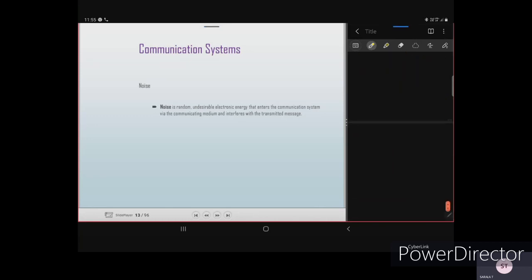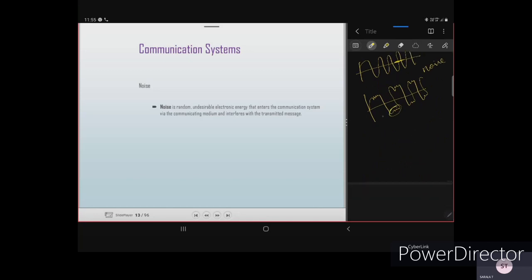Next we have noise. Noise is random, undesirable electronic energy that enters the communication system via the communicating media and interferes with the transmitted signal. As I showed you with the analog signal, if any error or noise is introduced, you will have jitters at the top end, and then you transmit it towards the destination.